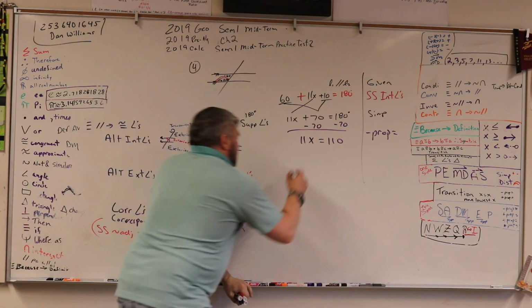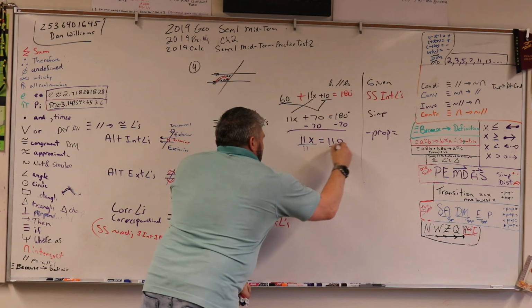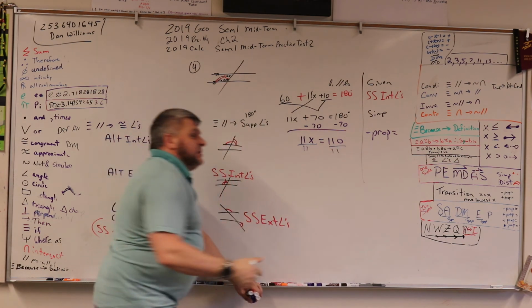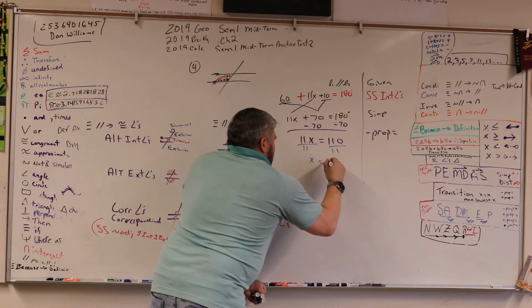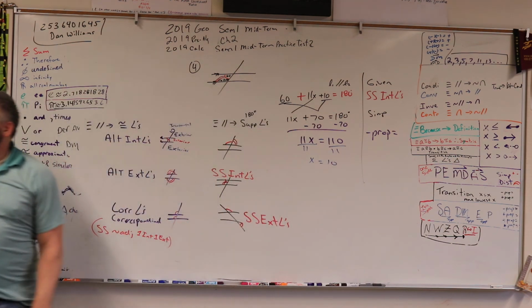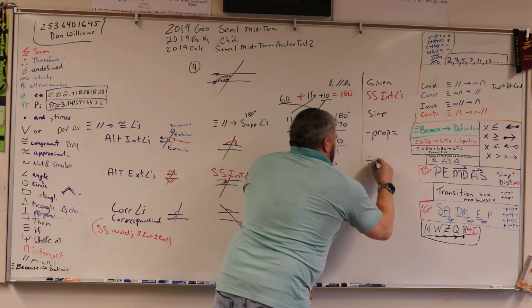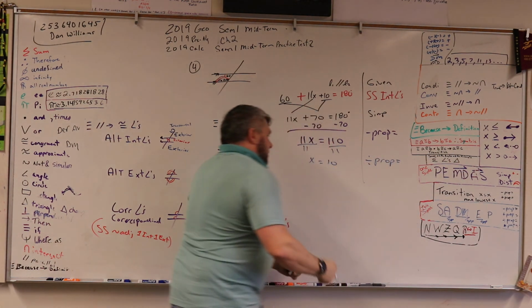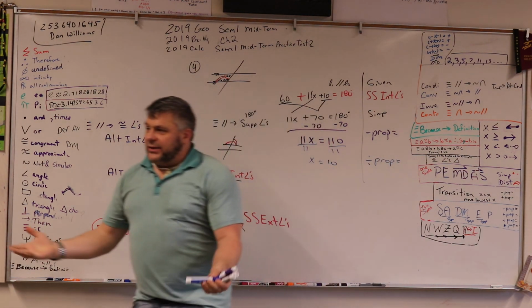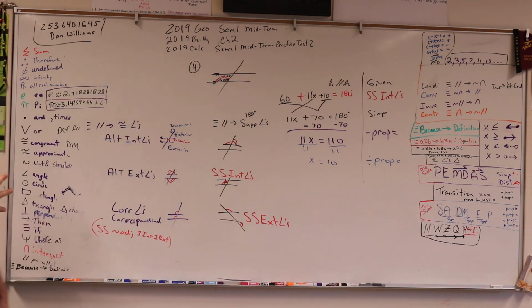Okay, so he said, hey, I'm going to divide this by 11 and divide this by 11. And I got 10, right? And that's the division property of equality. Not bad. 4 problems down. We're doing good.